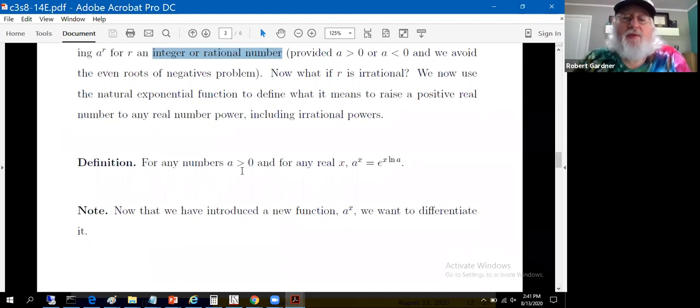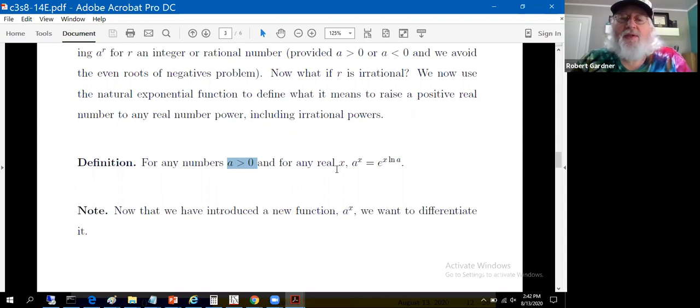So for a greater than 0, we're avoiding any square roots of negatives, because we're not having negative numbers in the conversation in this definition. And we never will for irrational powers. For rational powers, maybe we can, maybe we can't deal with a to a rational power. I can't if that rational number is 1/2, because I can't take square roots of negatives. So basically the conversation has been set aside for negative numbers.